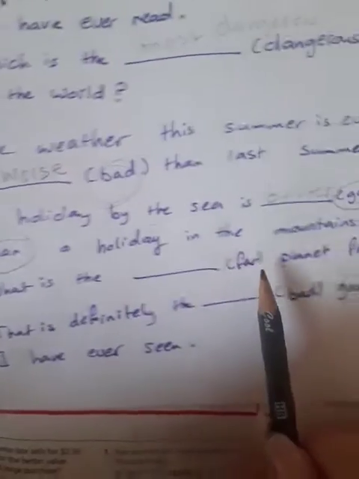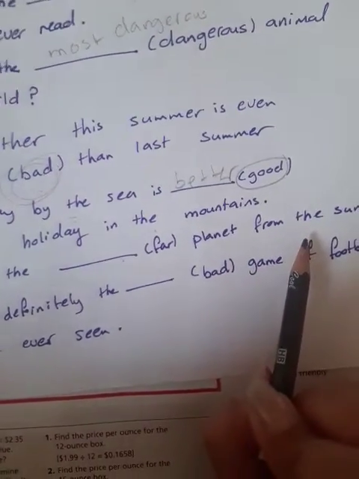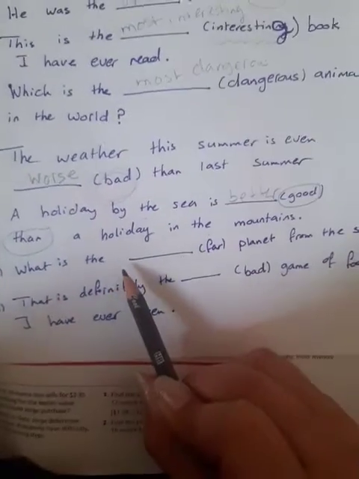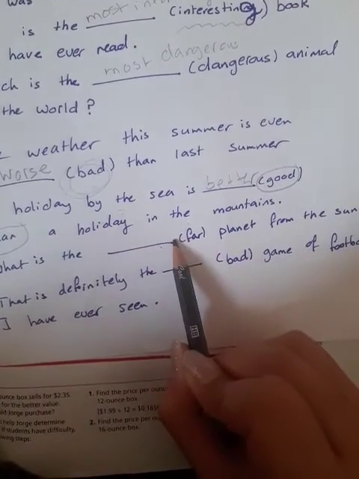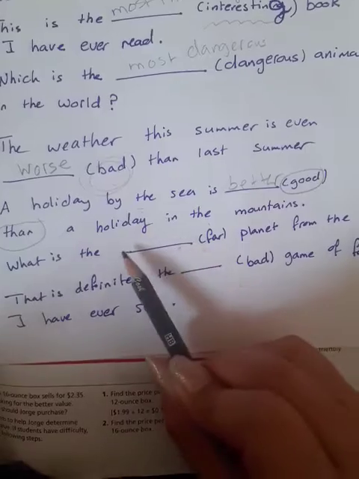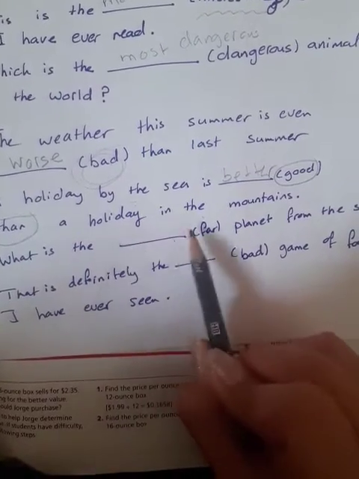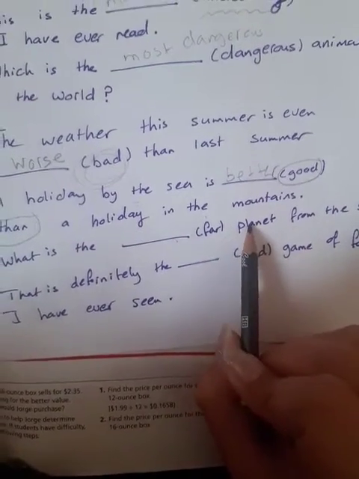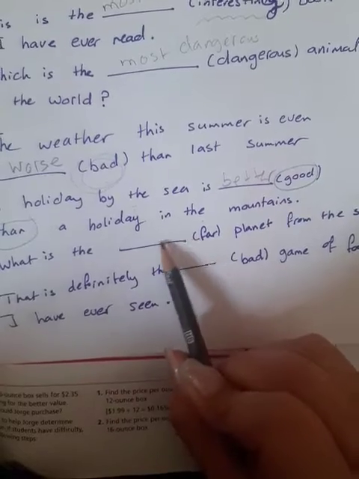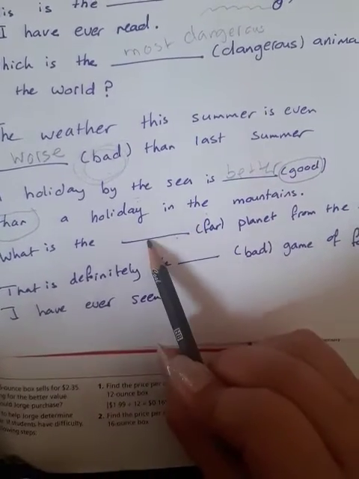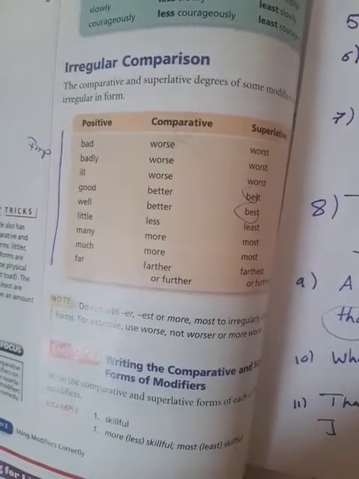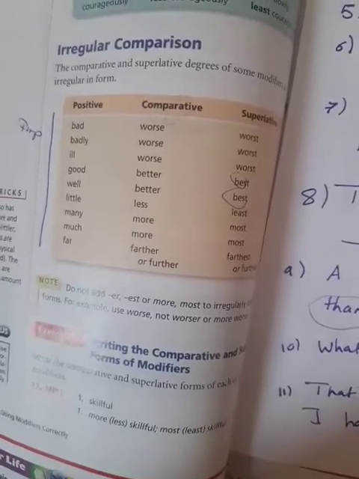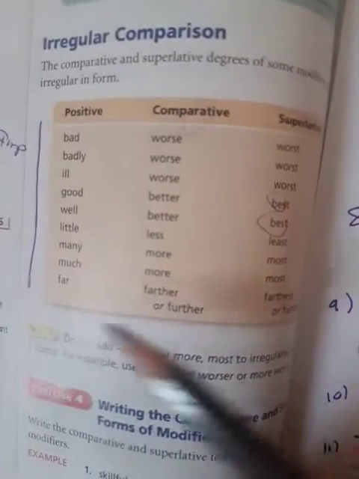Now let's move to sentence number 10. What is the far planet from the sun? It's clear that the statement shows comparing one planet to all planets, right? Here, the sentence did not compare between two planets, but one planet to all planets. So, if you move to the chart on page 266, guys, and look at the word far.